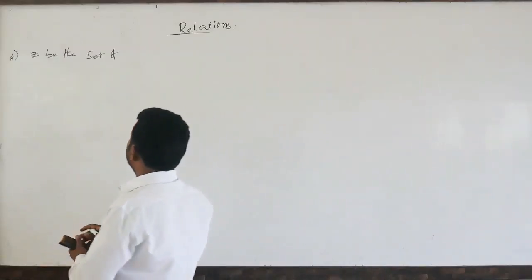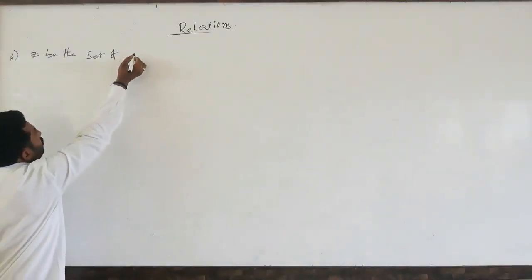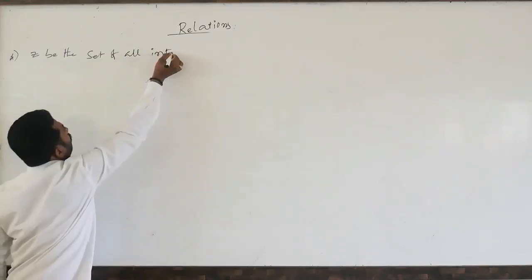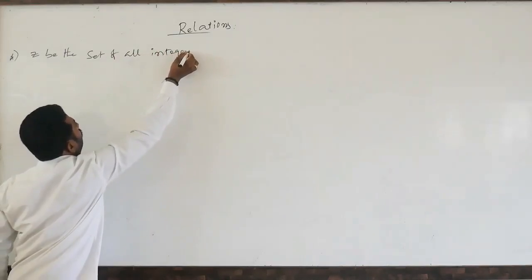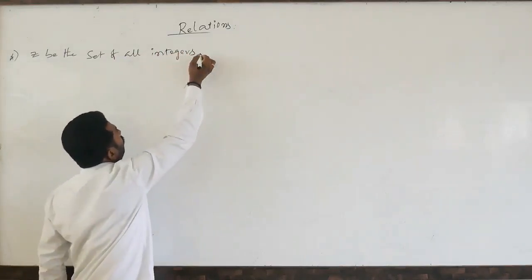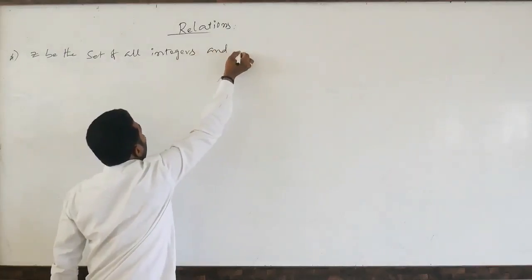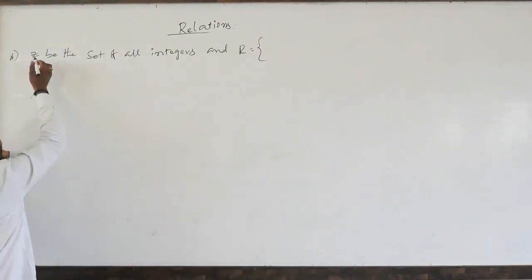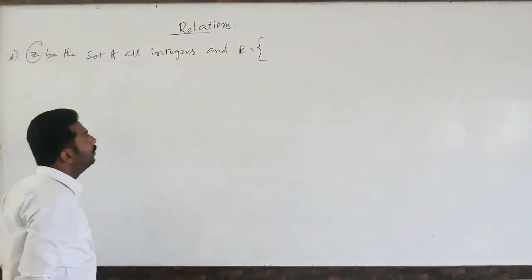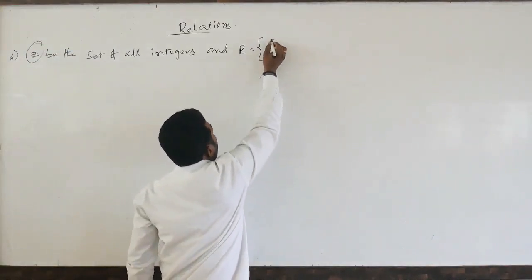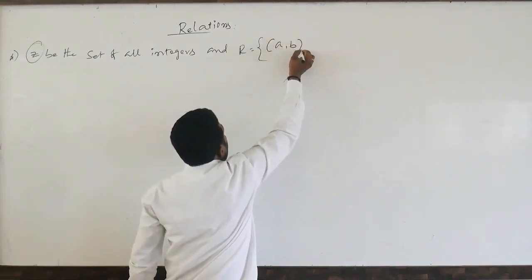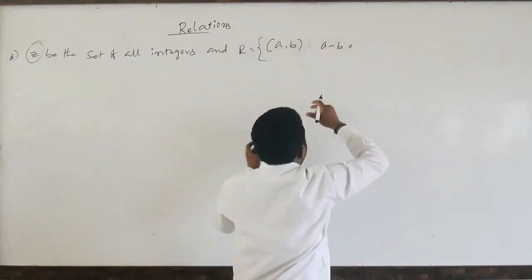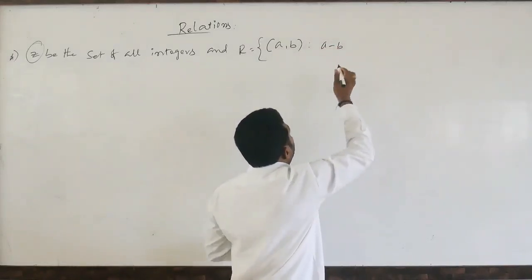Z will be the set of all integers, and one relation capital R on this non-empty set Z, they define: (A, B) such that A minus B is even.